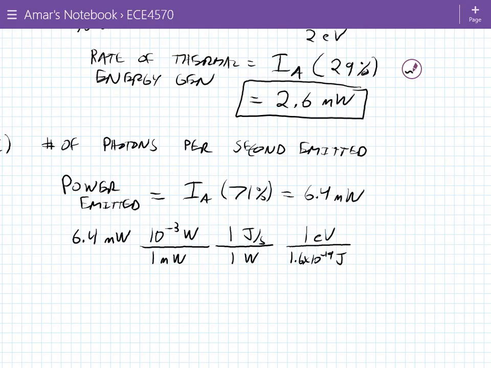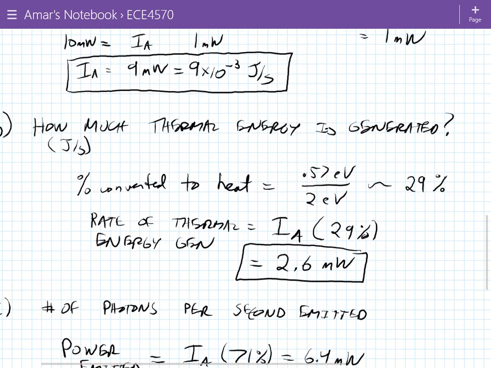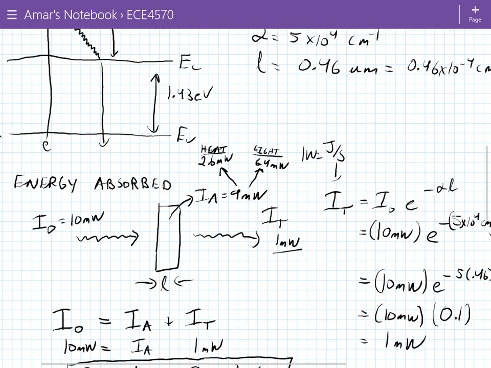And then we have to say that 1 photon emitted has how many electron volts of energy? Let's go back to the energy band diagram.